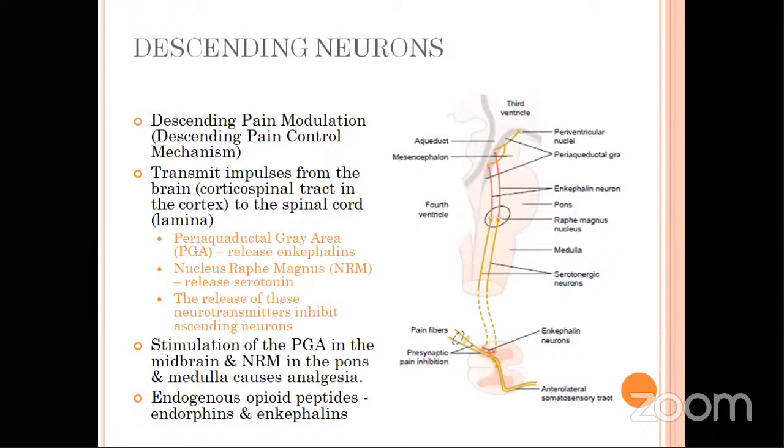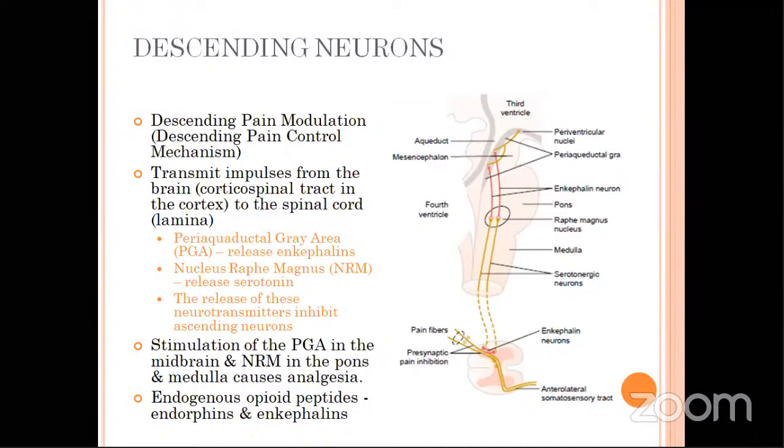So that is the ascending pathway of pain, whereas the descending pathway controls the pain by means of normal substances released by the body, which have functions similar to those of the opioids. Opioids are given to reduce the pain in the higher center.